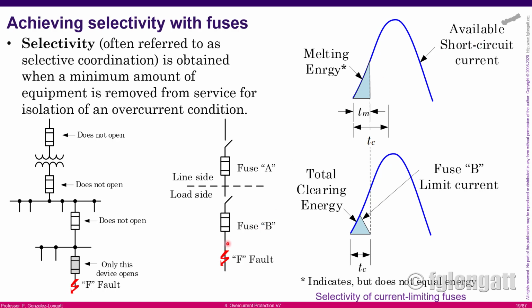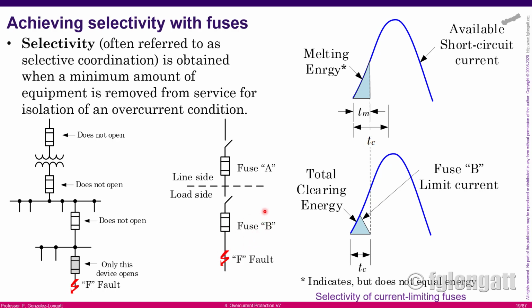What we want is to keep selectivity. For that reason, fuse B must open during the short circuit current at point F. So we need to say that the clearing time of this fuse must be smaller compared with the clearing time of fuse A. Again, let me explain.